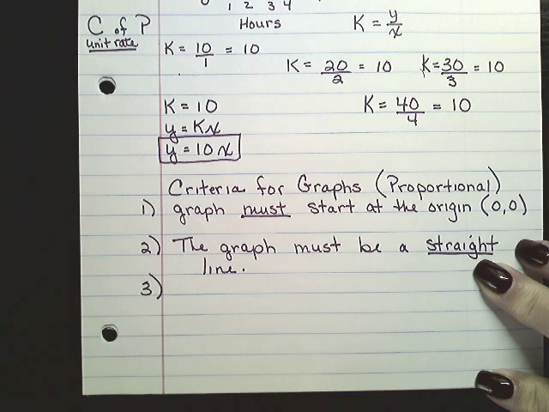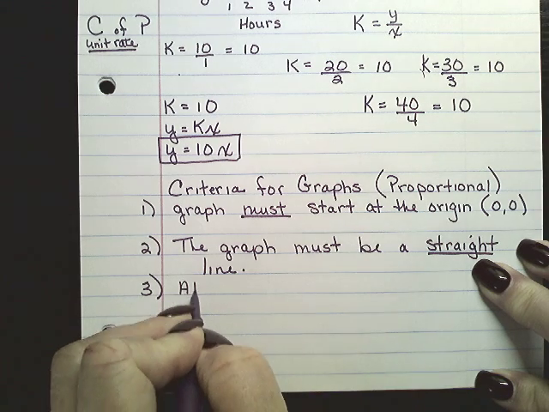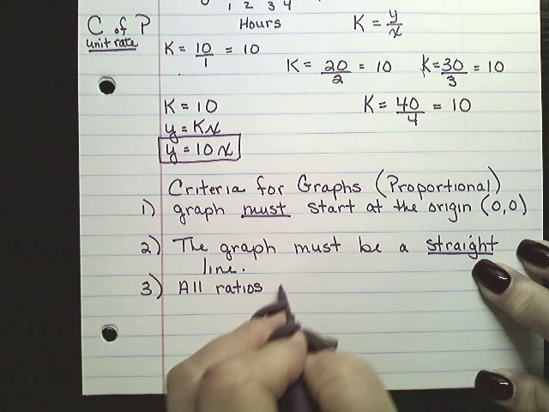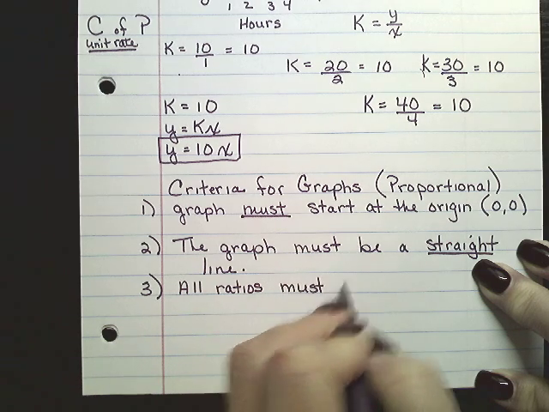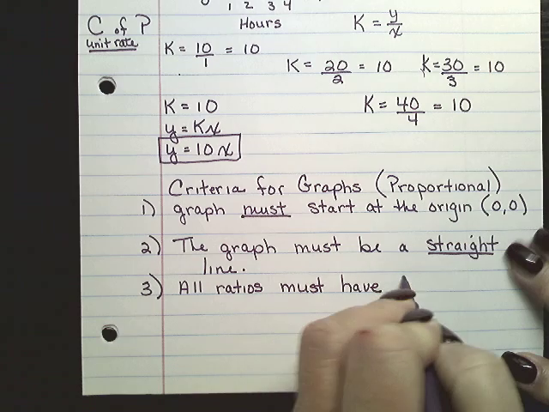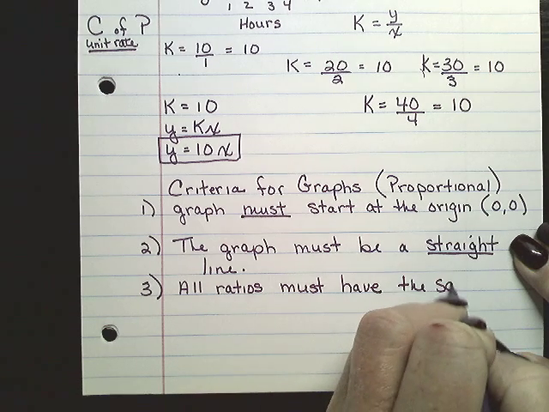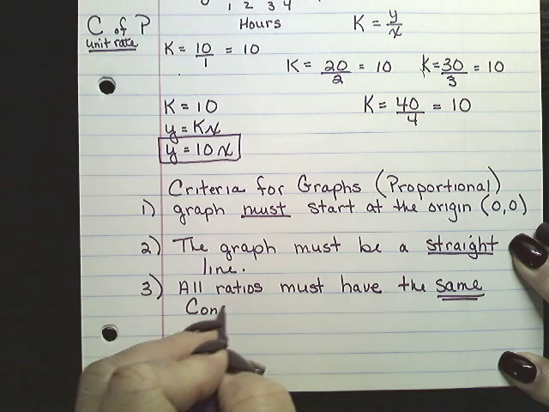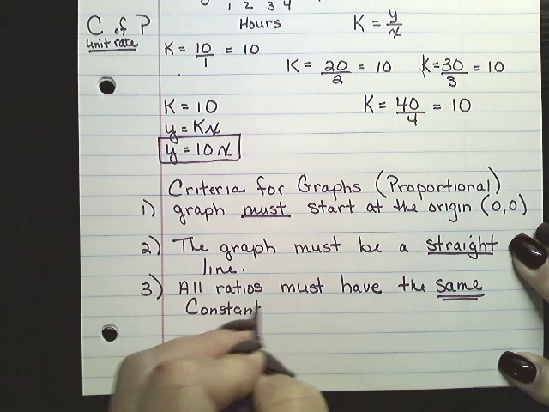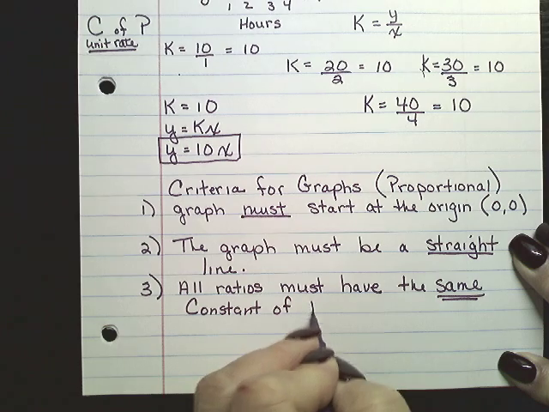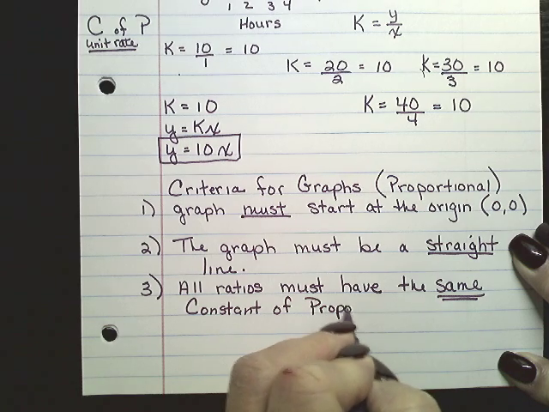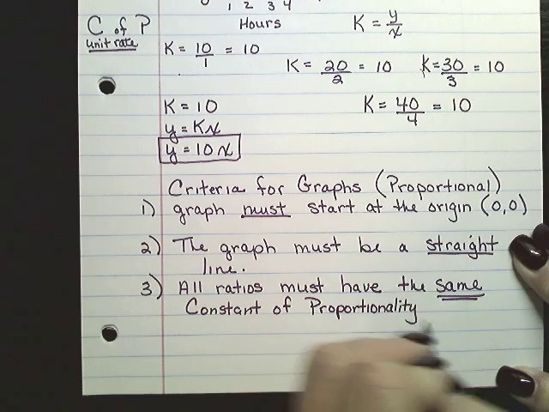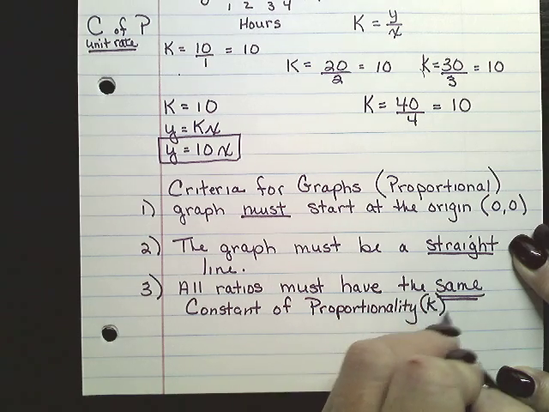So this third one: all ratios must have the same constant of proportionality, which is k.